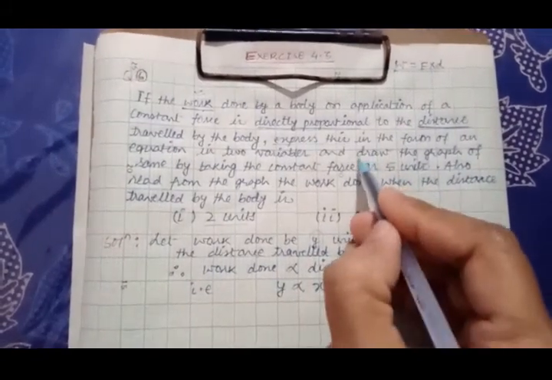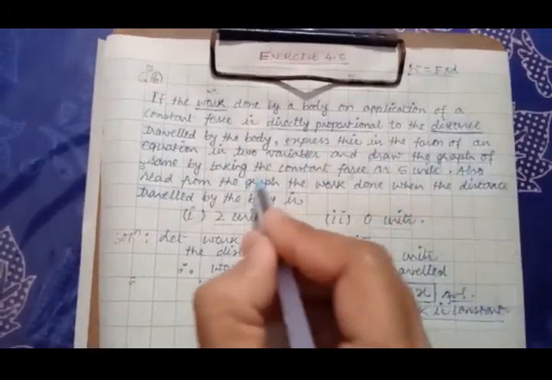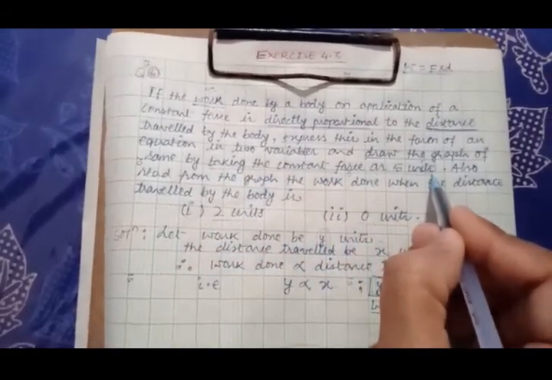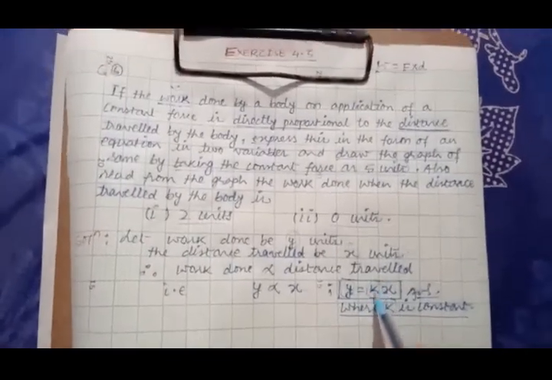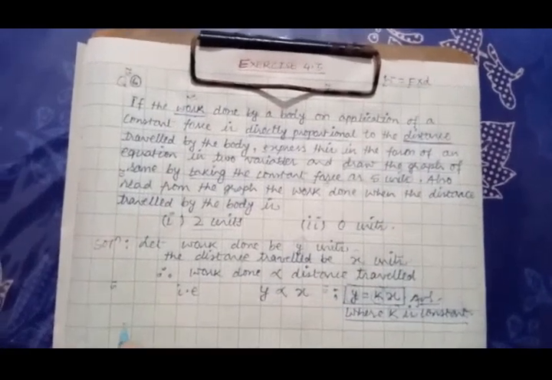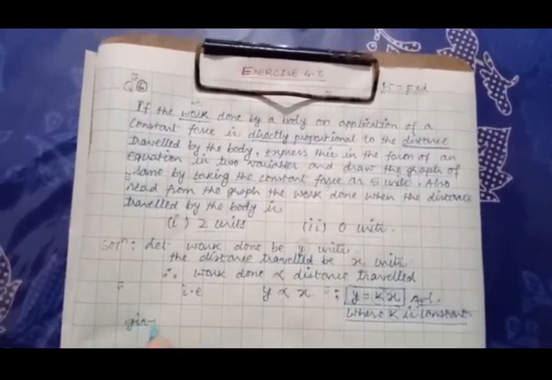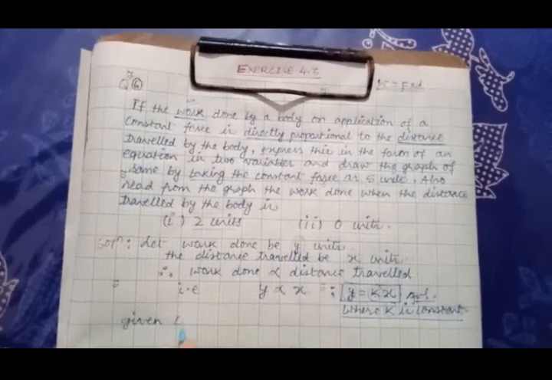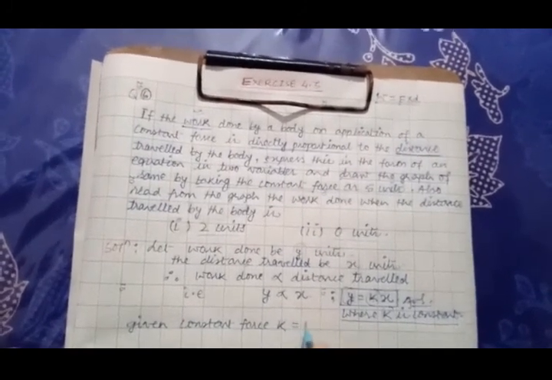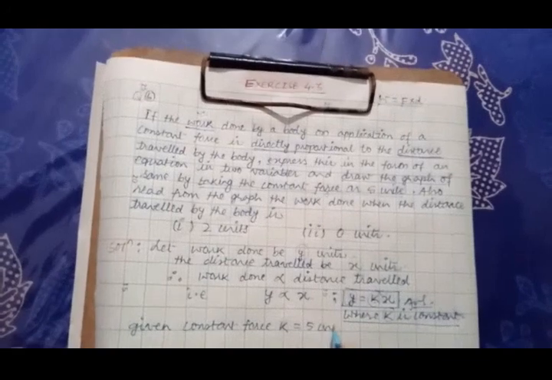Now we have to draw its graph, taking the constant force as 5 units. As we discussed earlier, this constant k is nothing but the force F. So this time we are given that constant force k equals 5 units.